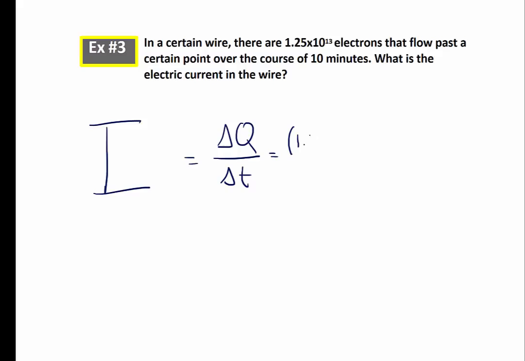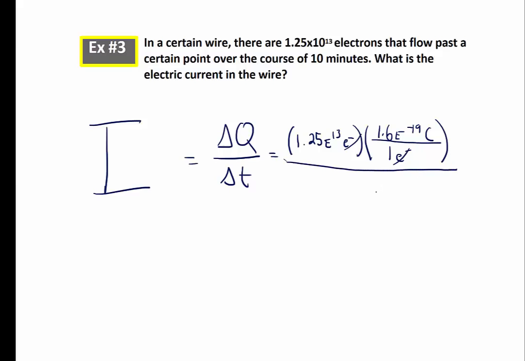So I can use how many electrons I have, 1.25 times 10 to the 13th electrons, and I can use the amount of charge per electron. I can look at my little reference sheet, and it's going to be 1.6 times 10 to the negative 19th coulombs of charge per 1 electron. We can do a little conversion there, a little dimensional analysis.